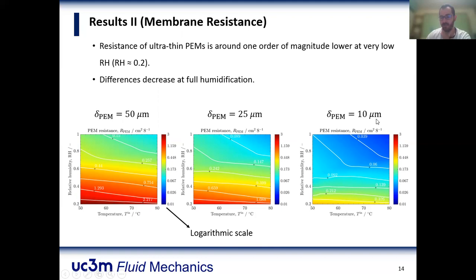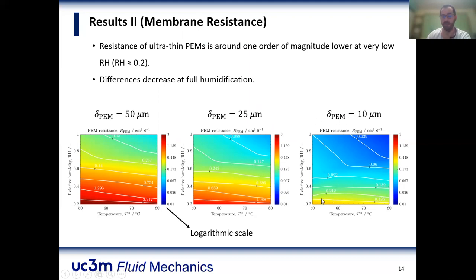And then when we move to ultra thin membranes, we have this much lower membrane resistance. So there's something going on there. At full humidification it is expected that a lower thickness will be better because we have a lower resistance.